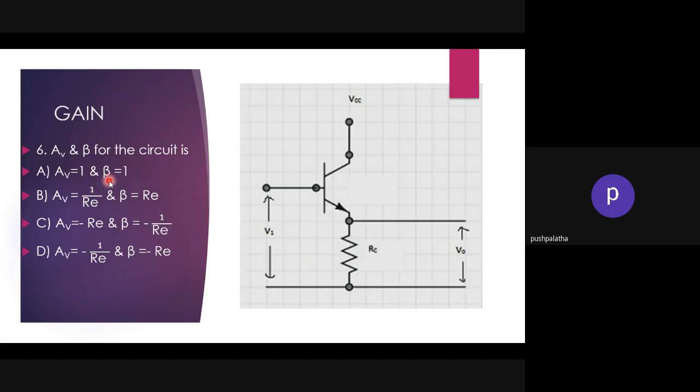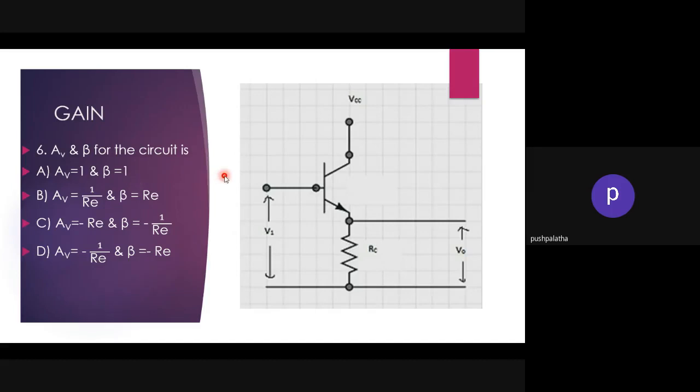Now, if you observe the circuit, it is a common collector circuit. Since it is a common collector circuit, we always find that it's a unity gain amplifier. Unity gain amplifier means output follows the input. So, from that we can conclude AV equal to 1, right? And your beta is equal to the reciprocal of this, which is equal to 1.